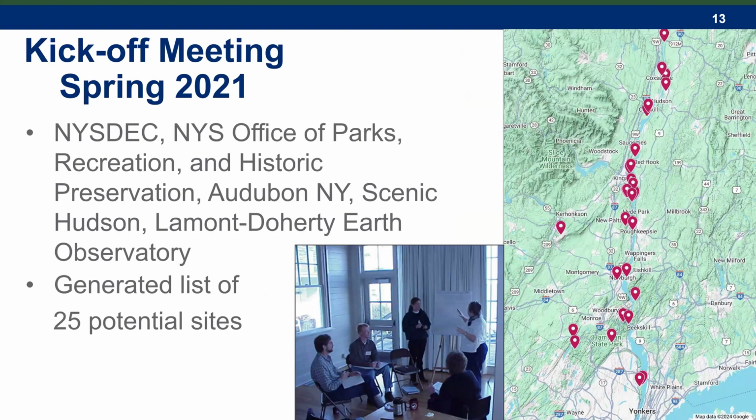So we had our kickoff meeting in the spring of 2021, and that included New York State Department of Environmental Conservation, New York State Office of Parks, Recreation, and Historic Preservation, Audubon New York, Scenic Hudson, and Columbia University's Lamont-Doherty Earth Observatory.